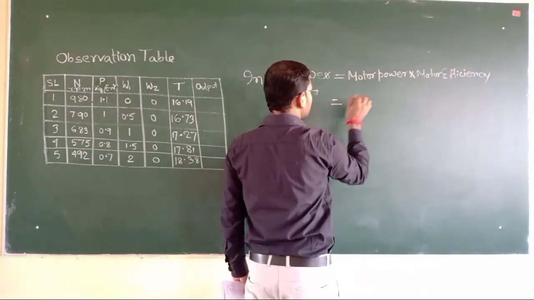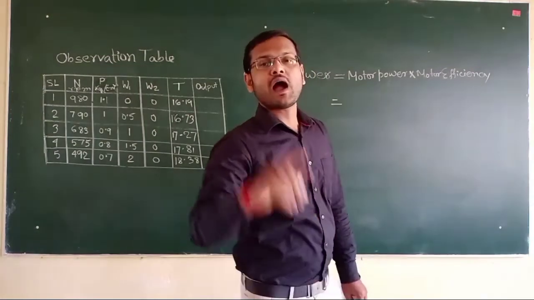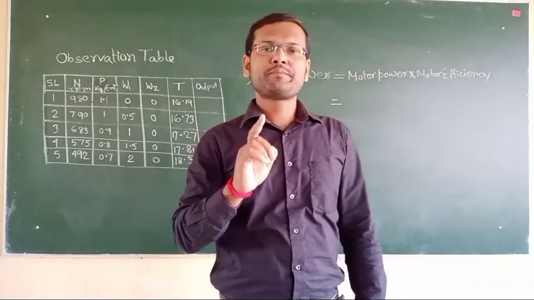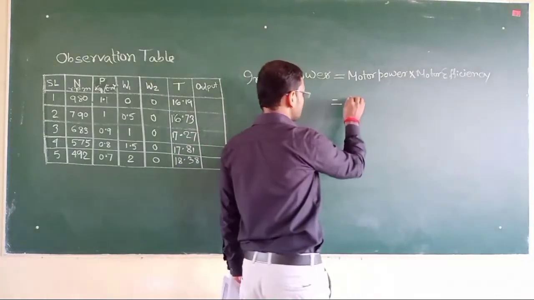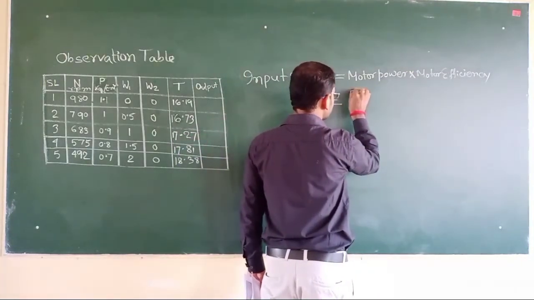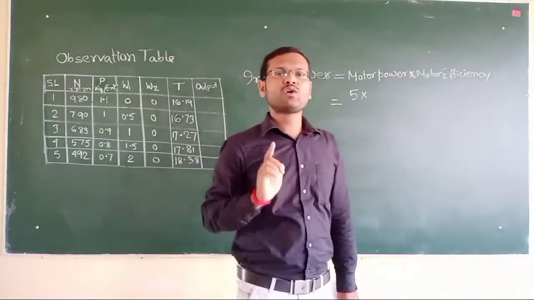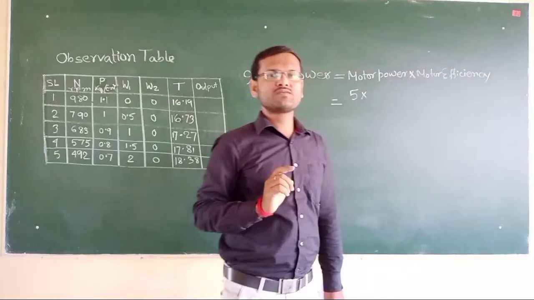So motor power is equal to, our motor is 5 horsepower, so 5 into, we know that 1 horsepower is equal to 746.